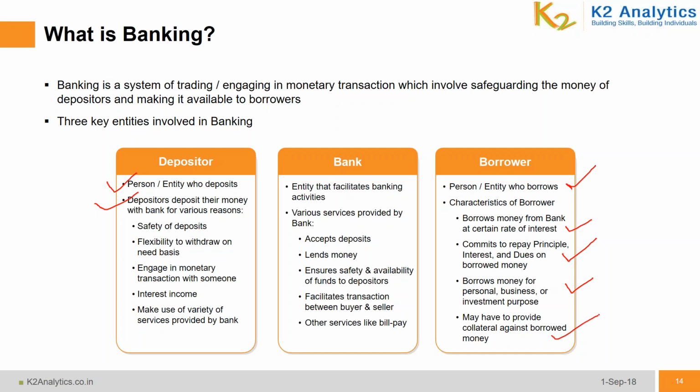And sometimes when you borrow money, you may have to provide collateral because of the risk associated at the time of lending. So there may be a collateral, there may not be a collateral. Collateral is, simply put, a security which is given by the borrower to the bank.